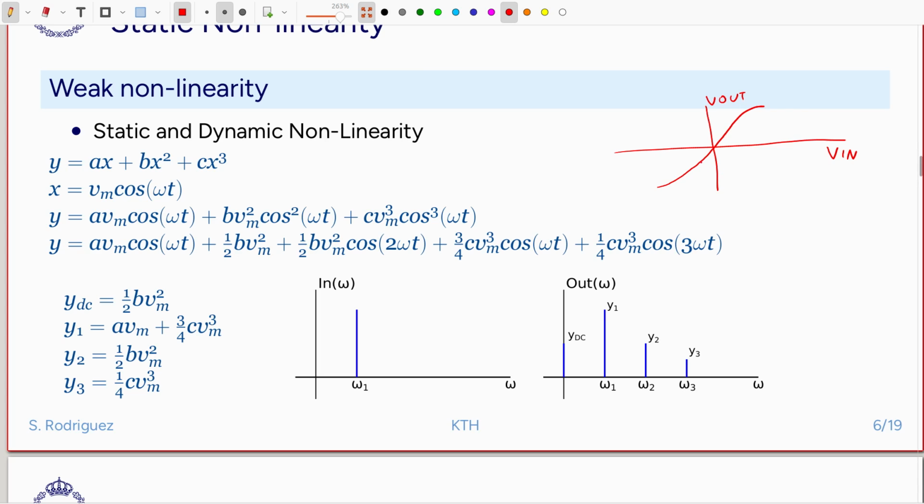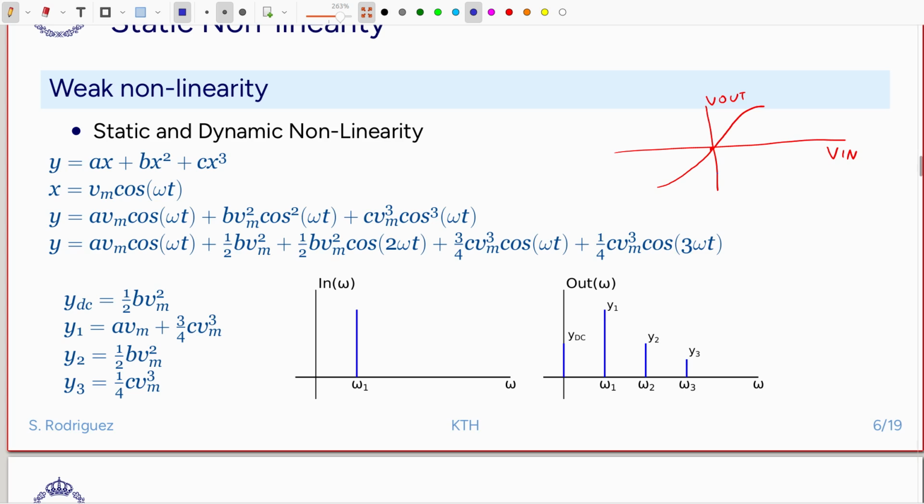For weak nonlinearities, the nonlinearities around the operating point, we can assume that the transfer function approaches a third order polynomial. So we can assume that we have this Taylor polynomial for this transfer function.